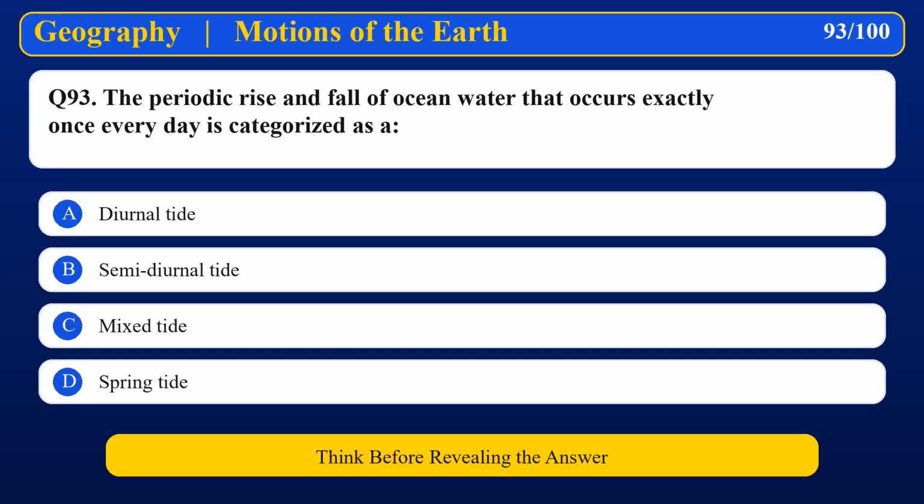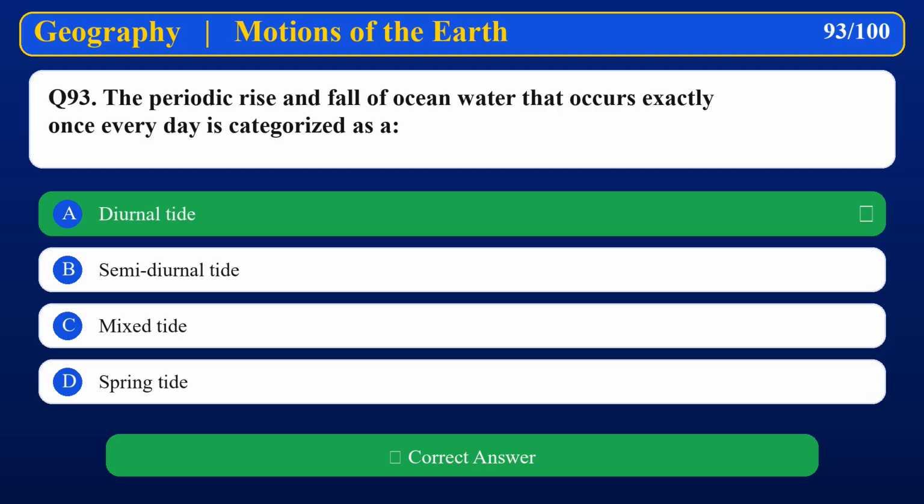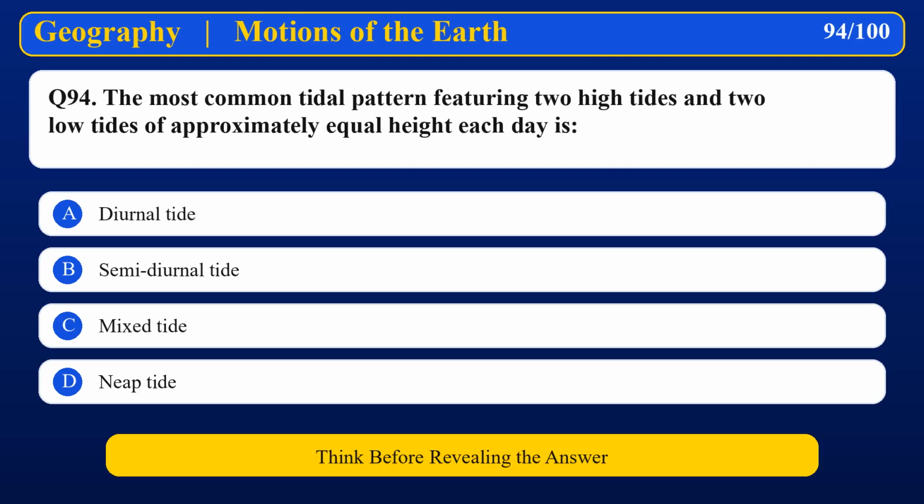The periodic rise and fall of ocean water that occurs exactly once every day is categorized as a diurnal tide. The most common tidal pattern featuring two high tides and two low tides of approximately equal height each day is semi-diurnal tide.